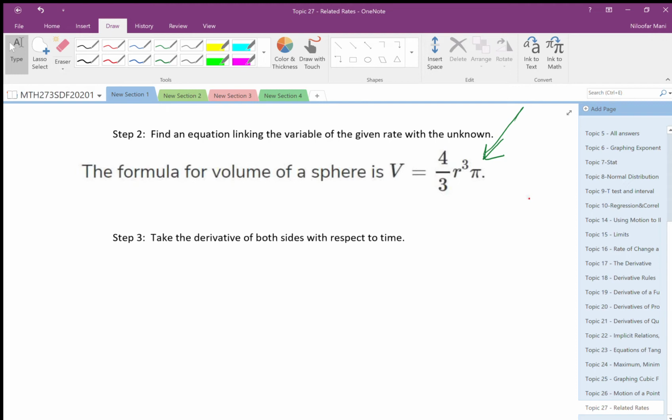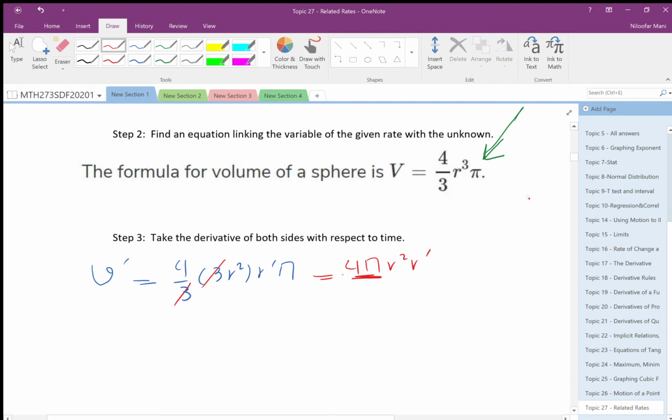So V prime, or dV over dt, is 4 over 3 times 3r squared r prime pi. This will be cancelled. So it is 4 pi r squared r prime.